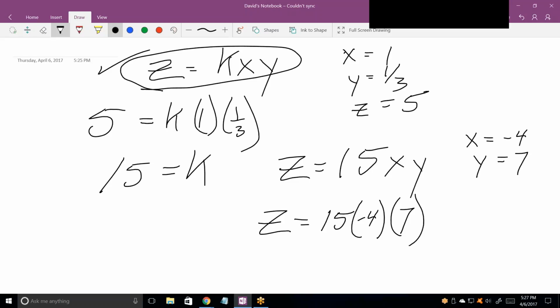If you want to eliminate mistakes from your math, then do everything one step at a time and write it out. Now this one, there's no simplification because there's nothing in the denominator. So it's basically -60 times 7, which is -420. That's what Z is when X is -4 and Y is 7.